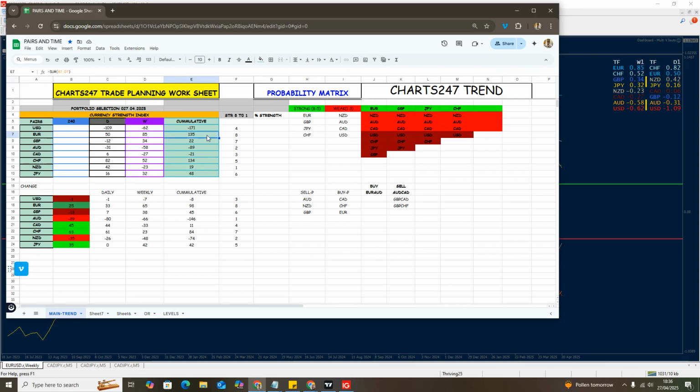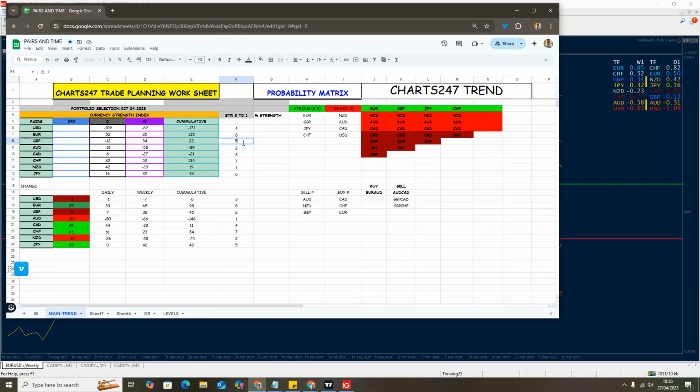All right, so that gives us these numbers. The strongest is the euro, 135, followed by the Swiss, which is 7, 134. Then we've got this one, 48. This is the JPY 6, 48, 22.